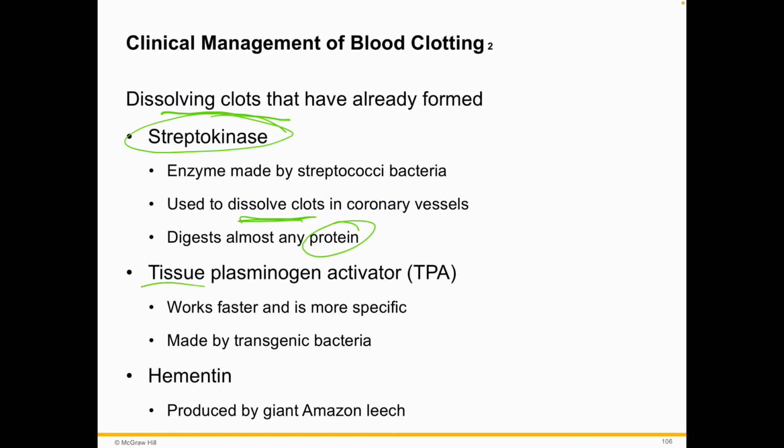TPA, or tissue plasminogen activator, is more specific and a little bit less abruptly destructive to other tissues, as well as some agents that are produced by leeches. Hematin is one of them.